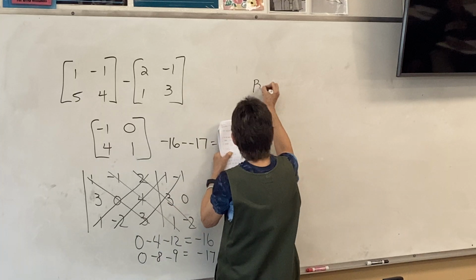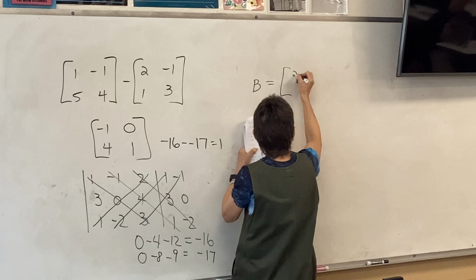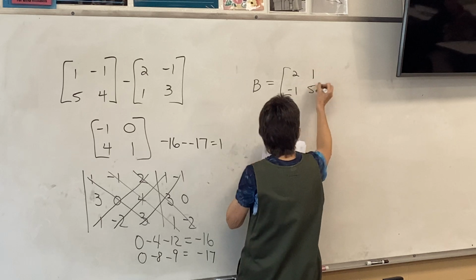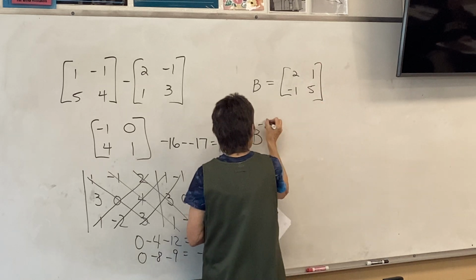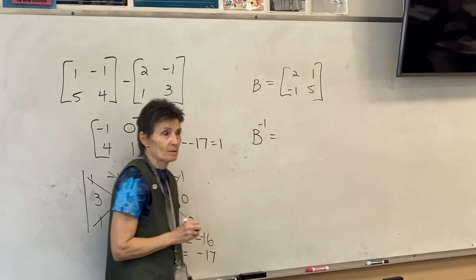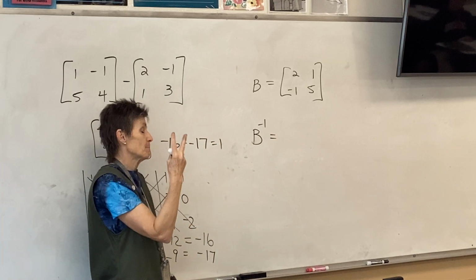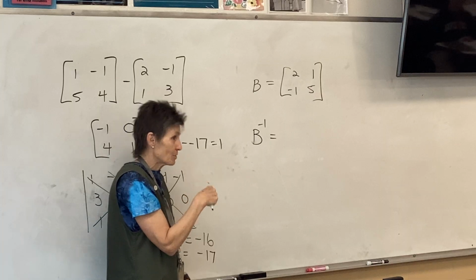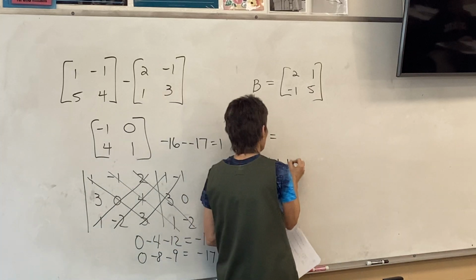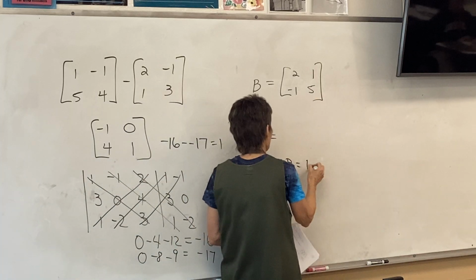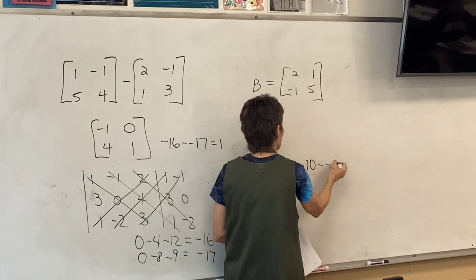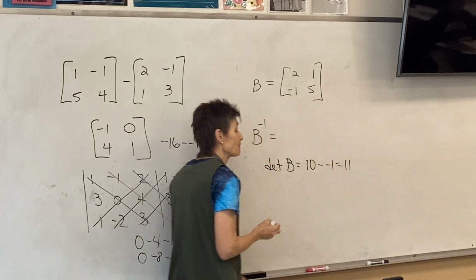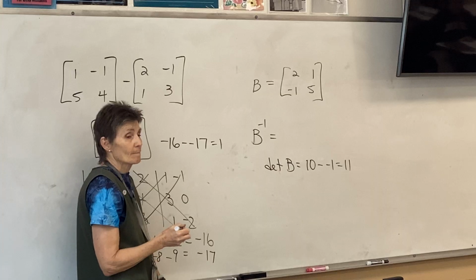So my matrix is 2, 1, negative 1, 5, and I am finding the inverse of that matrix. Two steps. First step, find the determinant. So the determinant will be 10 minus negative 1, 11.